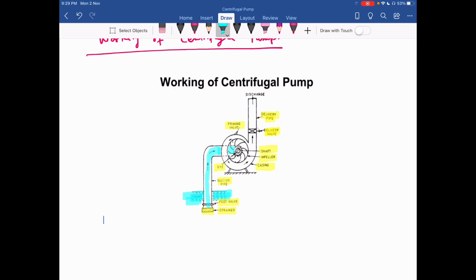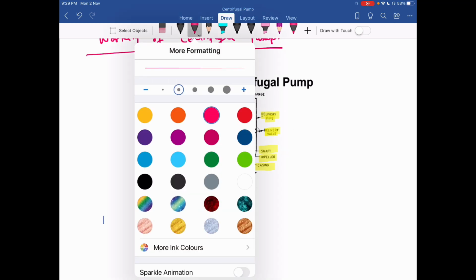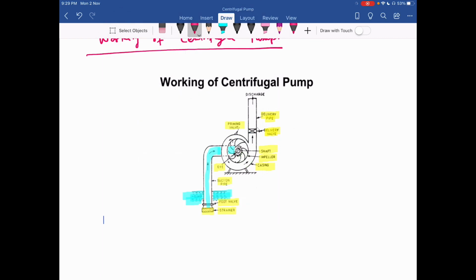The water enters the impeller through the eye of the pump, a passage along the shaft at the center of the impeller, and is pushed towards the periphery by the centrifugal force. So when water comes at the center along the shaft, after that it comes in the outward direction.